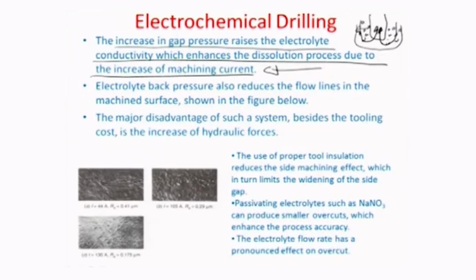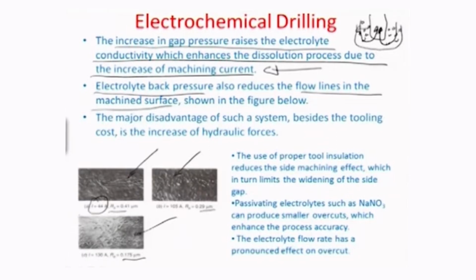So, generally what people have found is that this electrolyte back pressure would reduce the flow lines, which otherwise happen on a machined surface. For example, you can have a look at the surfaces here, which are products of electrochemical drilling. You can see that there are varied levels of surface roughness achieved because of the different current values that you are using.